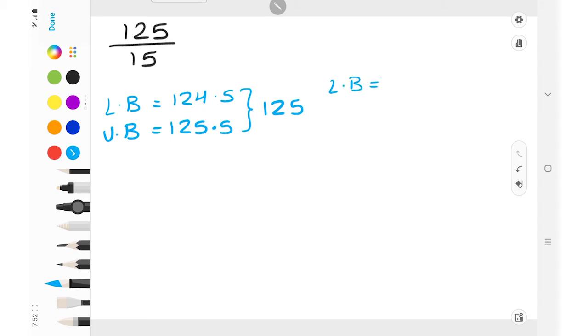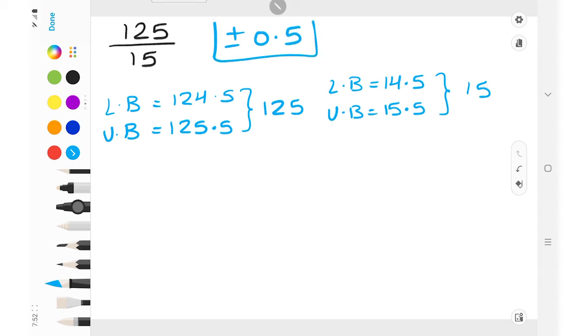My lower bound for the 15 is 14.5 and my upper is 15.5. And don't forget, we're adding and subtracting 0.5 because we're rounding to the nearest whole number.